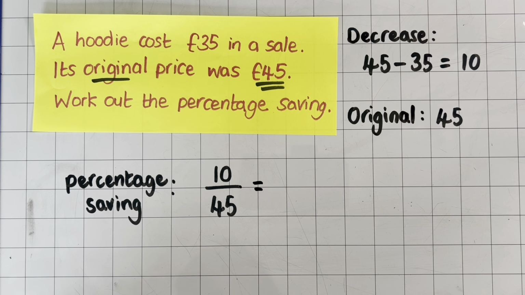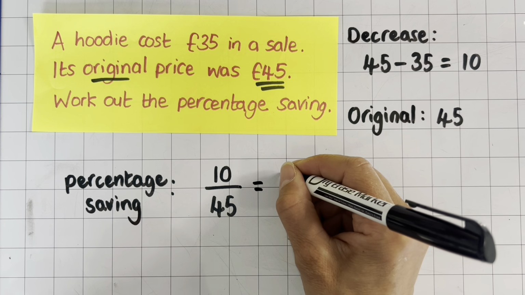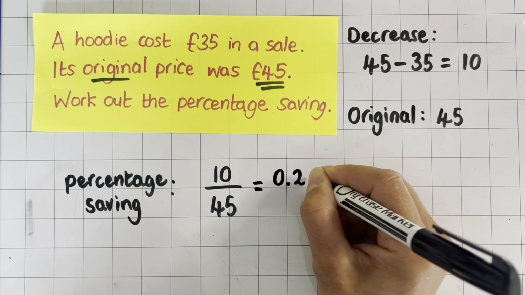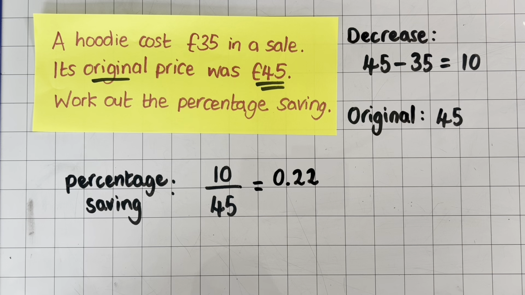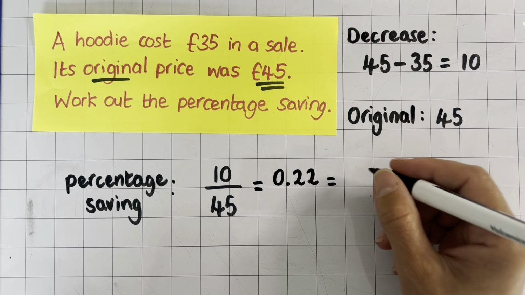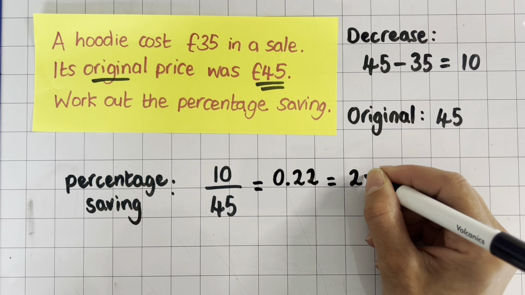If we put that into the calculator and do 10 divided by 45, we will get 0.22 rounded to 2 decimal places. And to convert that from a decimal to a percentage, we times it by 100, which will give us 22%.